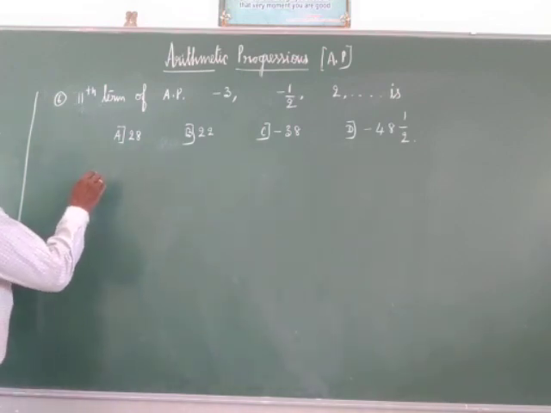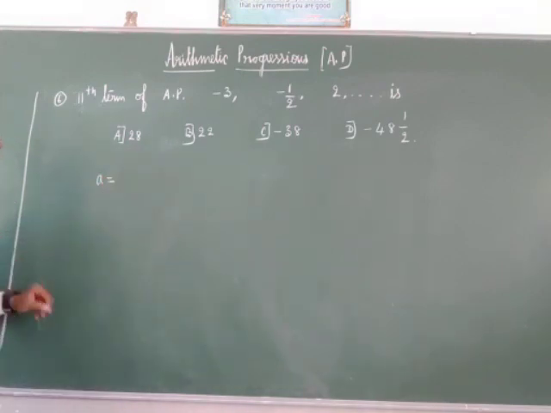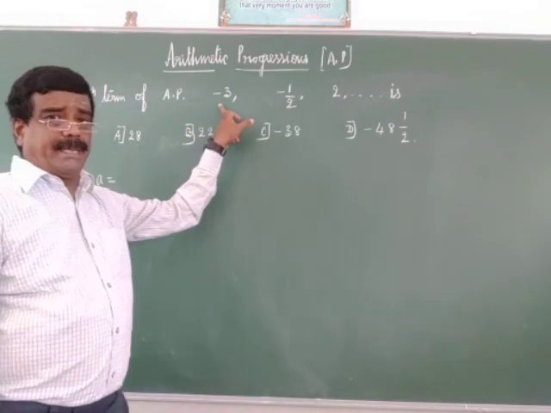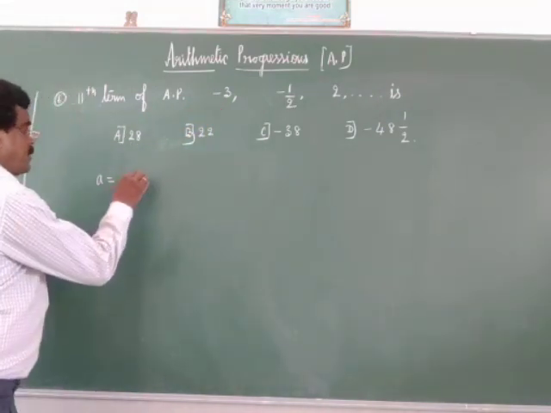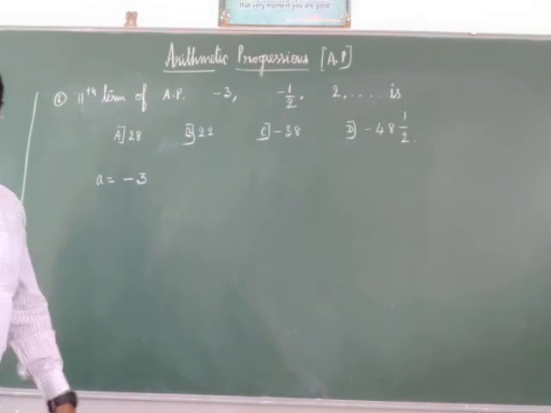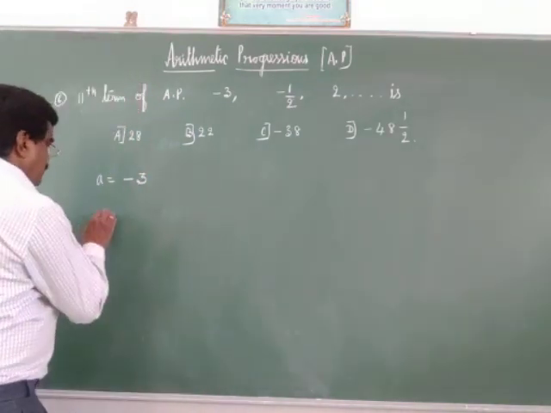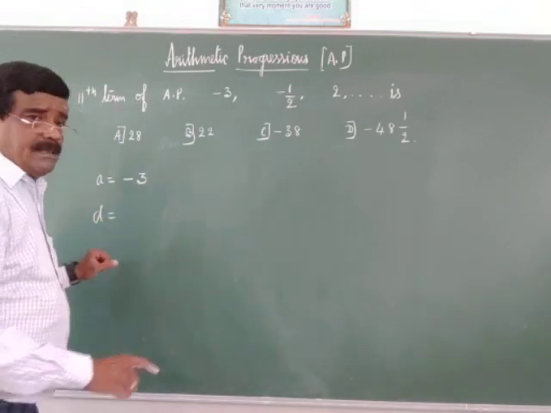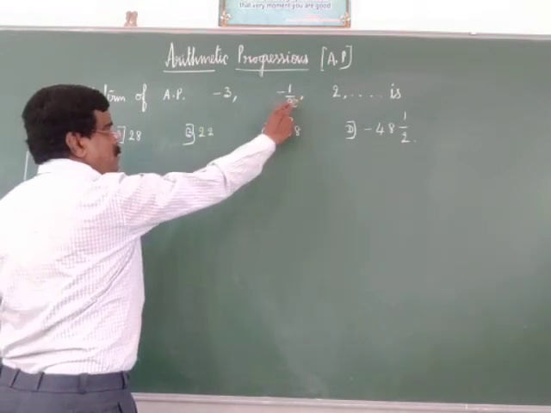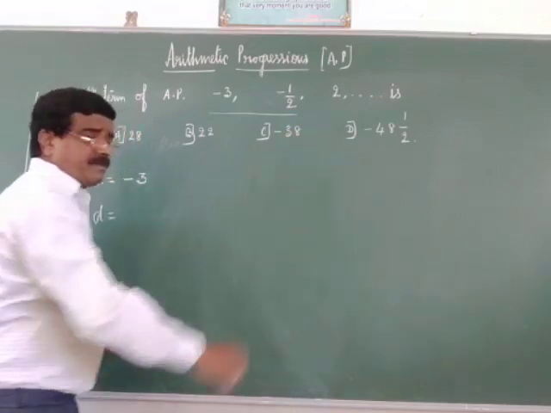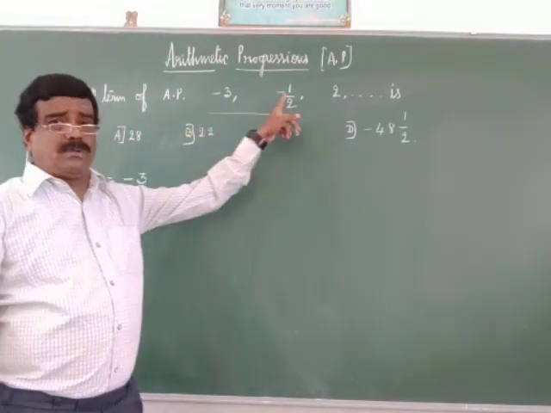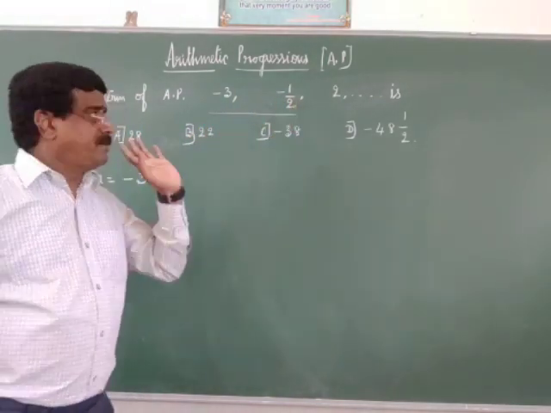Here, students, the first term of the AP is given: the first term is minus 3. Be careful about the sign. Then the common difference is d. See children, if you take these two numbers, be careful.